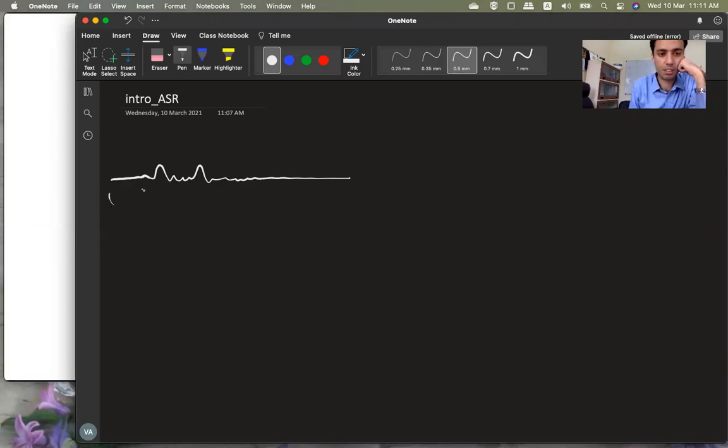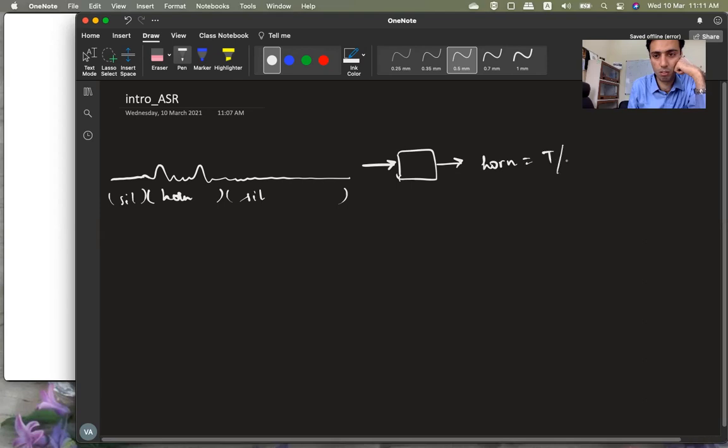Here it is all silence. You don't know it, but I'm just marking it so that here is some horn, here it is silence again. And this is the input to my classifier or detector, and the output is just horn equal to true or false.